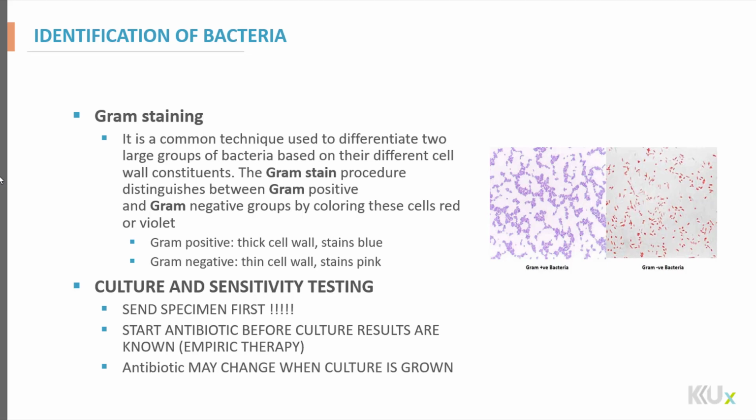So we know that gram positive have thick cell wall, so they stain blue. Here I'm not gonna go over the procedure because it's more of microbiology rather than pharmacy. Gram negative, they have thin cell wall, so they stain pink, as we can see in the picture. So it's telling you this is gram positive because it's stained blue, and this is gram negative because it stains pink.